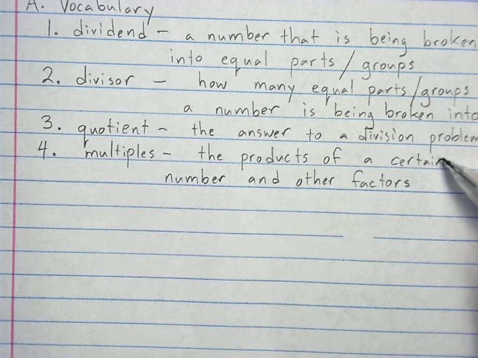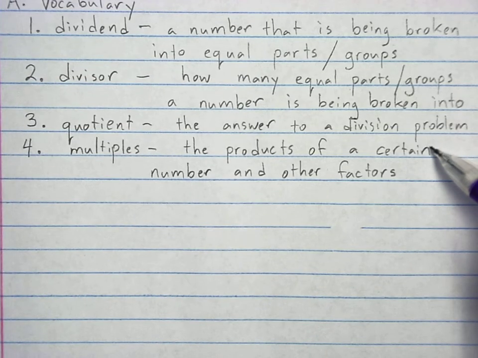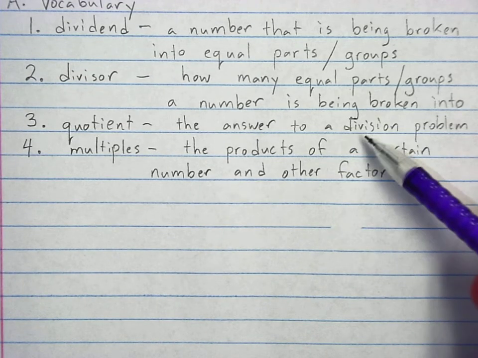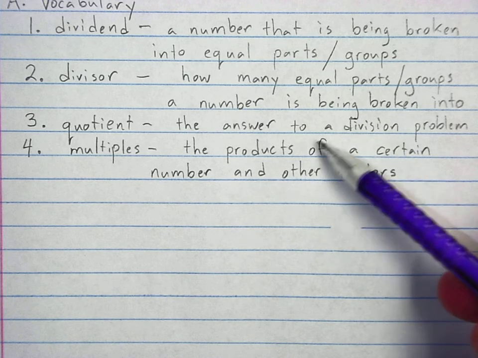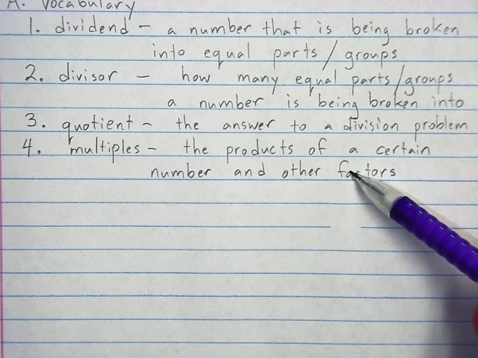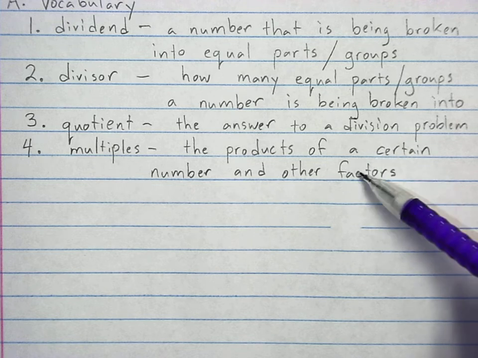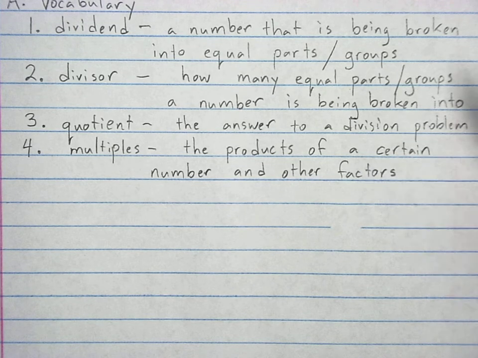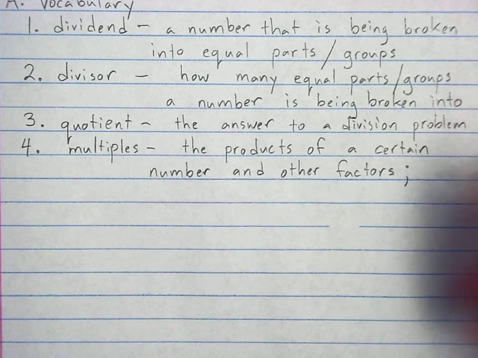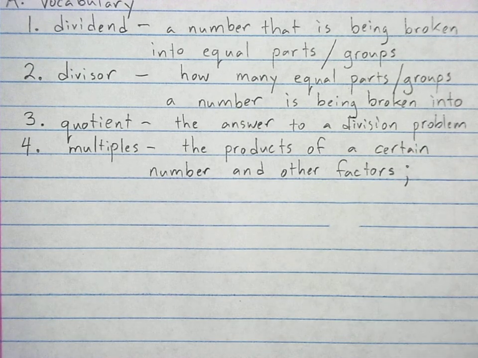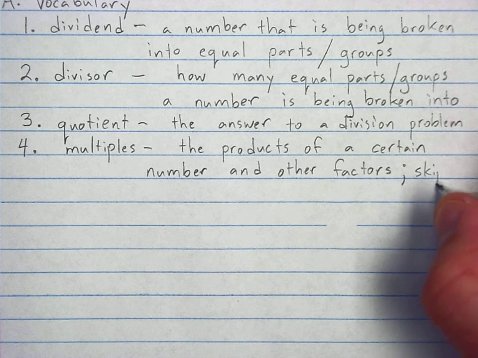So think about if I pick a certain number, let's say 3. The product of 3 and 2. The product of 3 and 5. The product of 3 and 17. Now I jumped around, times 2, times 5, times 17. But essentially, when you're listing multiples, if you're listing all the multiples of a number, which we will do later, you're just thinking about skip counting.